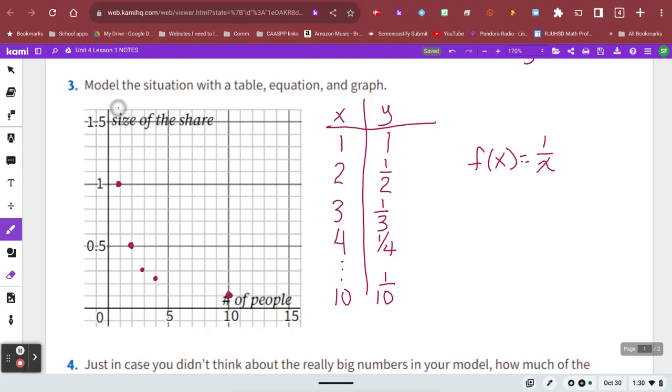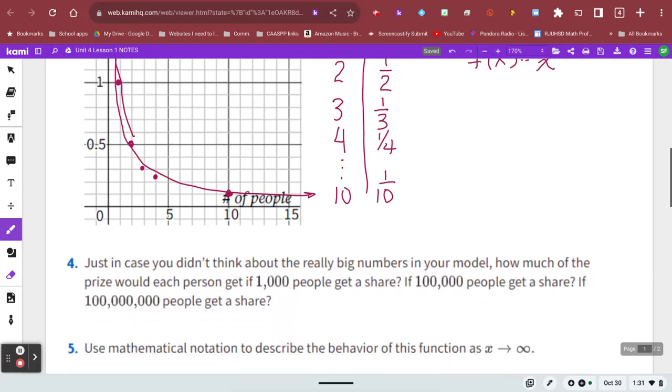And we can see, drawing with, this is not always going to be perfect. We're going to go down. And just in case you didn't think about the really big numbers, if you had to share it with 1,000 people, you each would get 1 out of 1,000.